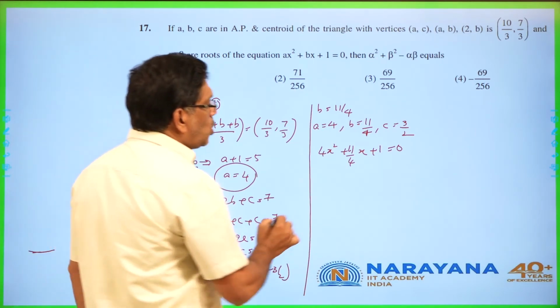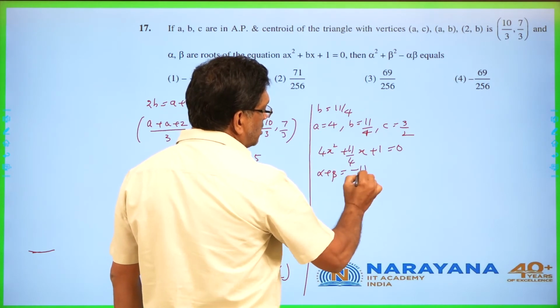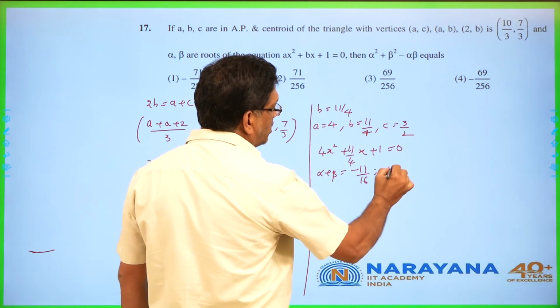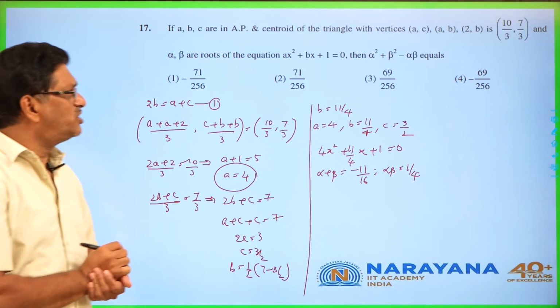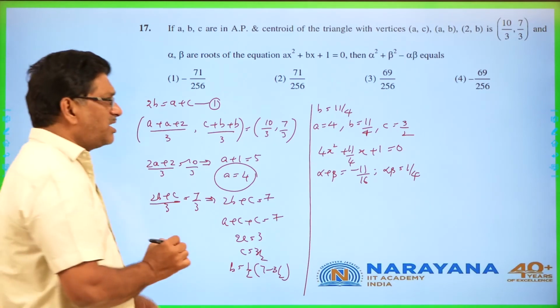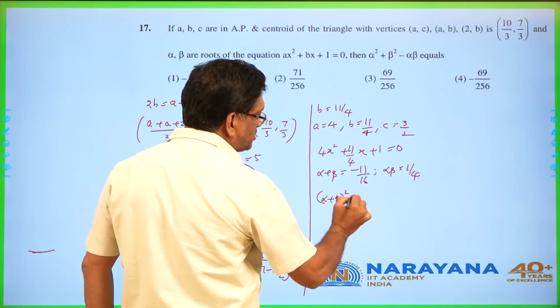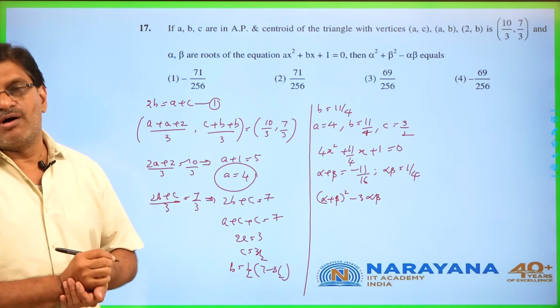Now, we know from this one, the sum of the roots is minus 11 by 4 by 4, that is 16, and the product of the roots is 1 by 4. Simply substitute it. Alpha square plus beta square can be written as (alpha plus beta) whole square minus 2 alpha beta.